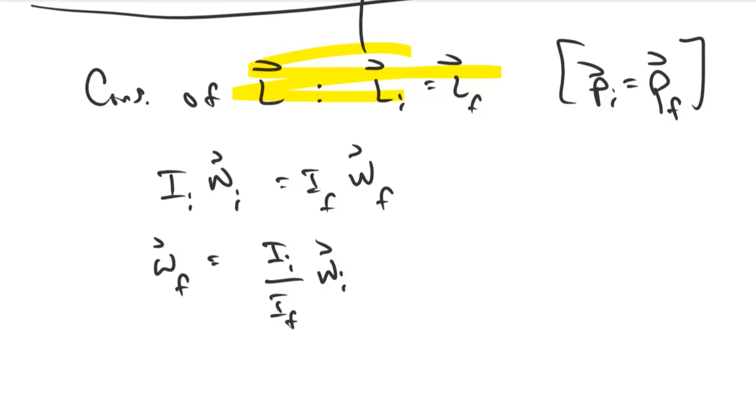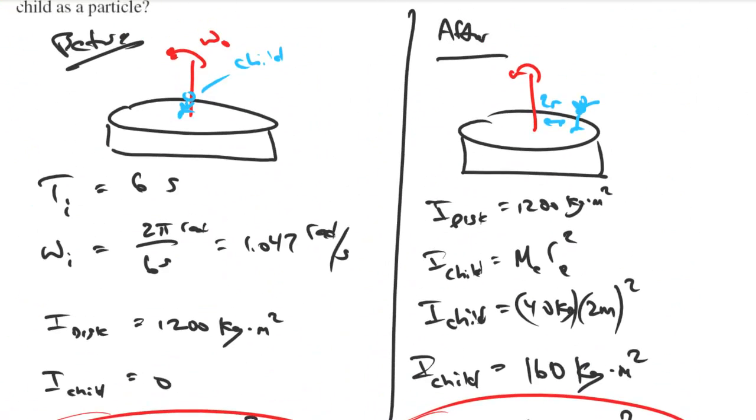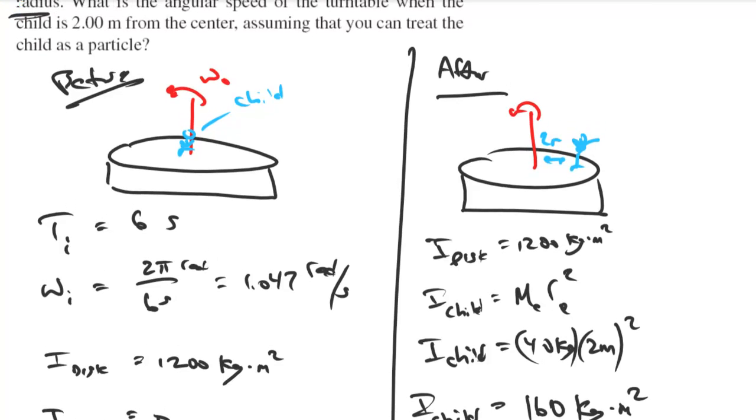And before we even put this in, we should think, what do we expect to happen as we distribute the mass out farther to the edge? We would expect the rotational inertia to increase, and therefore the velocity would have to decrease, right? So it should slow down. Same as when you're doing a flip off of a diving board or something like that. In order to rotate quickly, you tuck in, and you rotate very quickly.